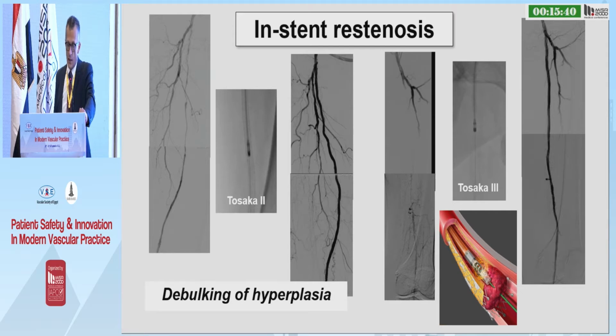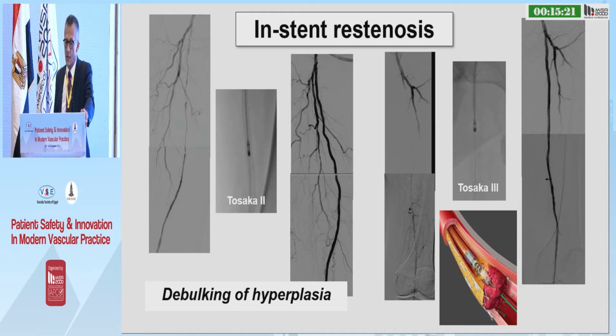Rotarex can be used also in in-stent restenosis and in-stent occlusion. As I said this morning, there is the complex in-stent restenosis, the Tosaka 2 lesion, and the complete occlusion, the Tosaka 3 lesion.